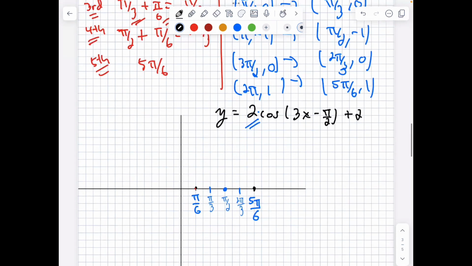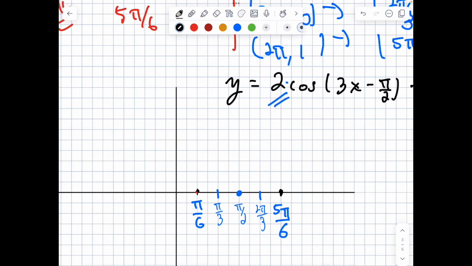So pi over 6, 4. Okay, 1, 2, 3, 4. That would be here. Pi over 3, 2 is next. That would be here. Pi over 2, 0. 2 pi over 3, 2, and then 5 pi over 6, 4. Okay, 1, 2, 3, 4. And there we go. That is our graph.